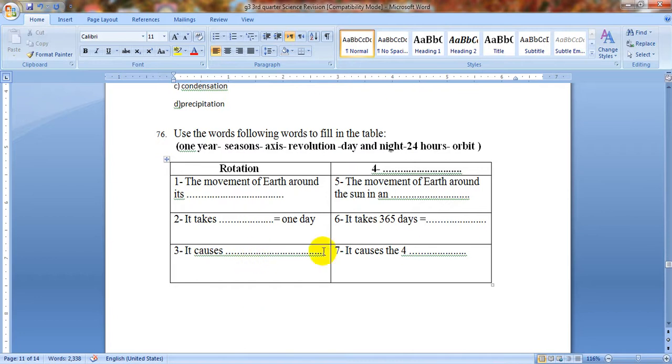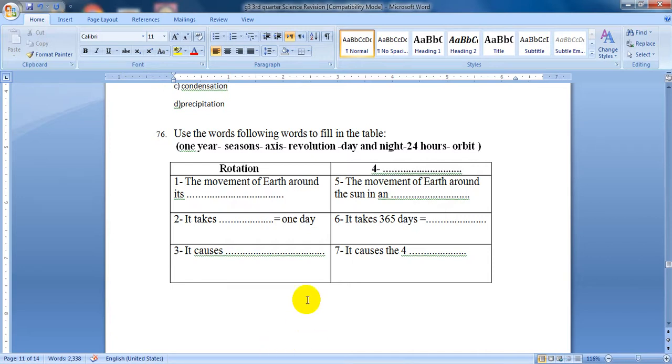Here you have a table and you have words. You need to write each word in its correct place. Here the first one is talking about the rotation. Let's remember together what is Earth's rotation. We said that Earth's rotation is the movement of Earth around itself or around its axis.